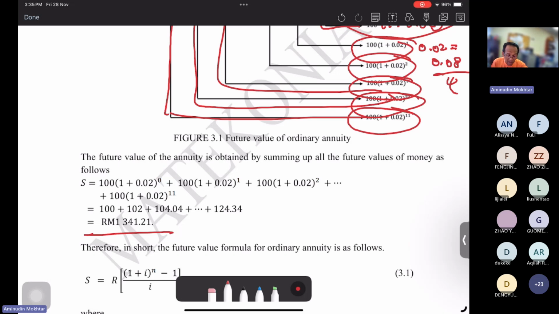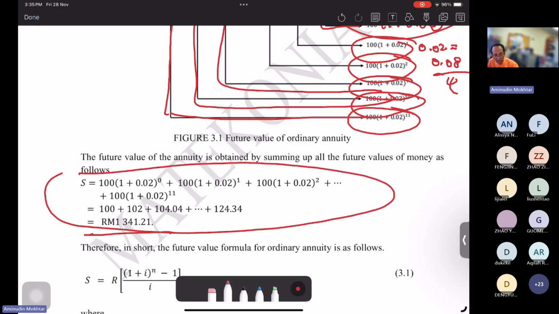Okay, that's about the annuity. In short, in mathematics, we can simplify this process. Actually, no need to calculate this one by one. I just explained it in detail to introduce to you the concept of the annuity.